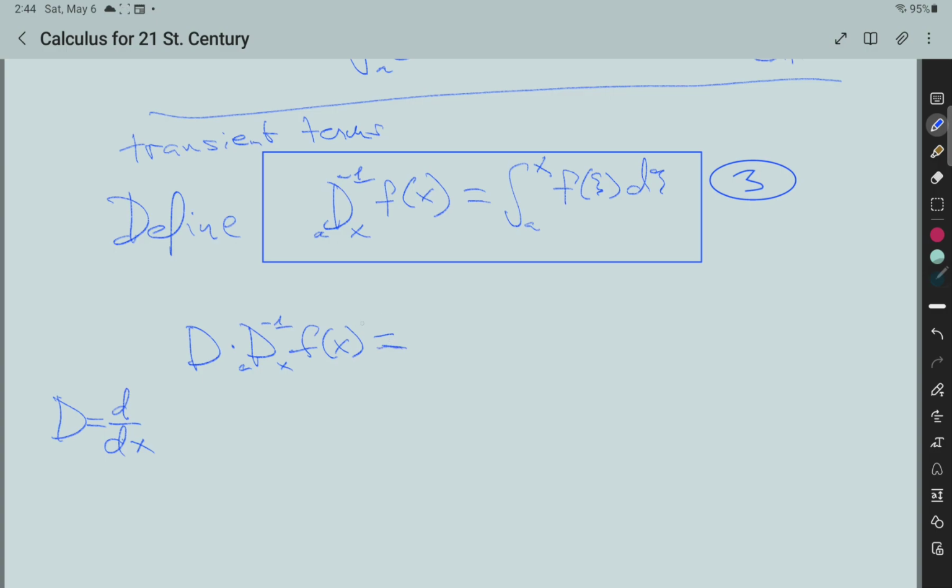Okay, so we're going to have a d by dx. That's d right here, and then this part right here is defined up here to be the integral from a to x of f of sigma d sigma.